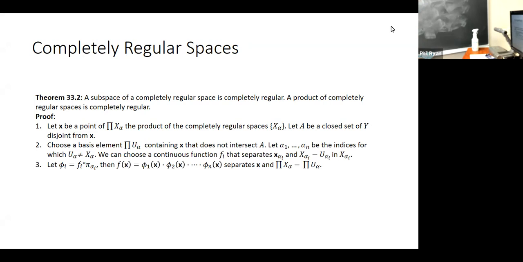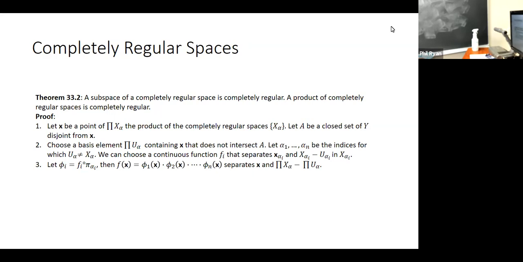What about products? Okay. So if we have a point x of a product of completely regular spaces, and let A be a closed set of the product of those X alphas, disjoint from our point x. If we choose a basis element containing x, since A is closed, we can have it that this basis element doesn't intersect that closed set.